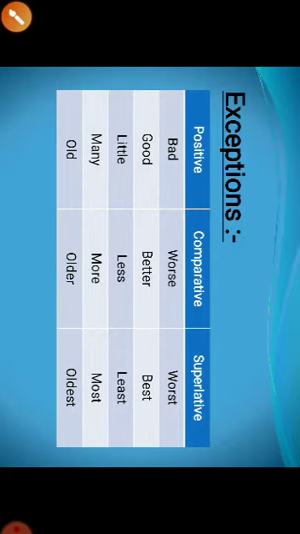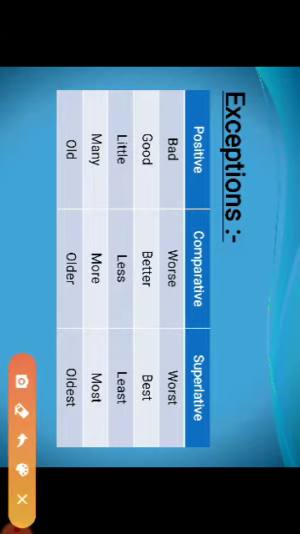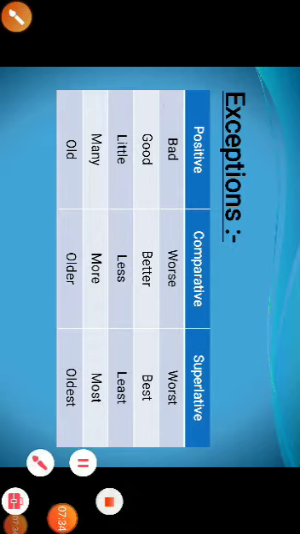Good. Now here we have some exceptions. What do you mean by exceptions? That we cannot even add er, est at the last, nor can we add more and most before the word. Now in that case, what can we do? What will be the comparative degree of bad? Worse.